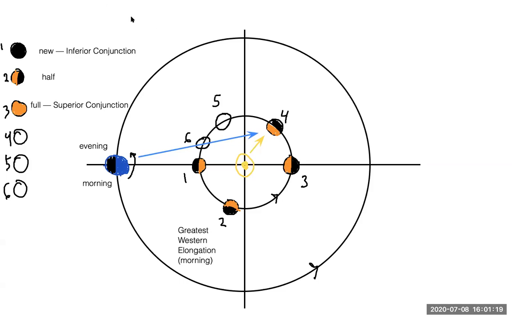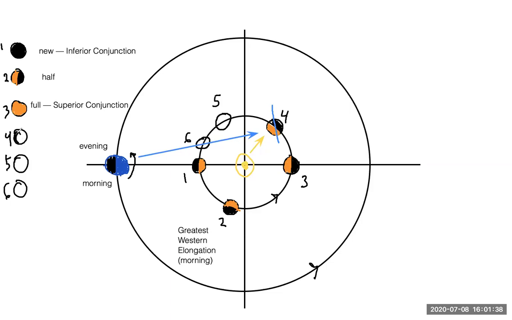But Earth is facing 4 like this, right? So Earth is going to see the right-hand side is illuminated and the left-hand side has a slight shadow on it. So 4 is actually a gibbous phase.